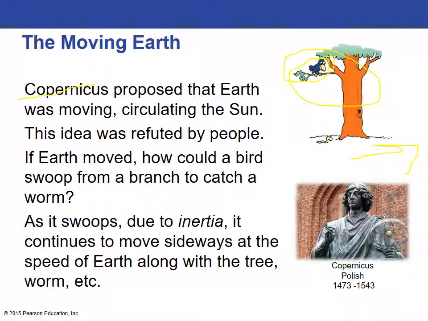So there is inertia happening, and while the bird, to you and me, looks like he's flying down, in fact, his motion encompasses both this downward motion and the rotational motion of the Earth. It's okay if you don't understand it right now. We will work with this a lot.